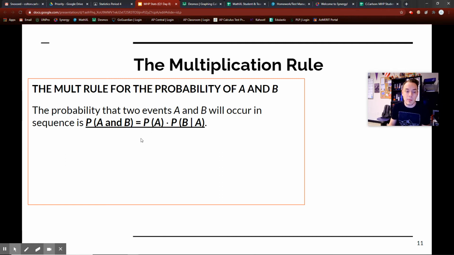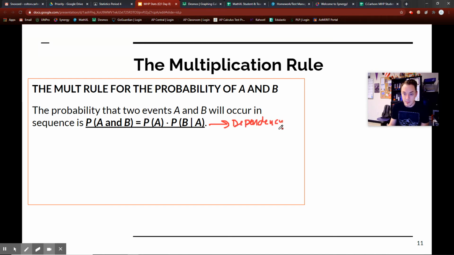The multiplication rule of probability says this. The probability that two events, A and B, will occur in sequence, probability of A and B, equals probability of A times the probability of B given A. Okay, so what this really means is dependency.